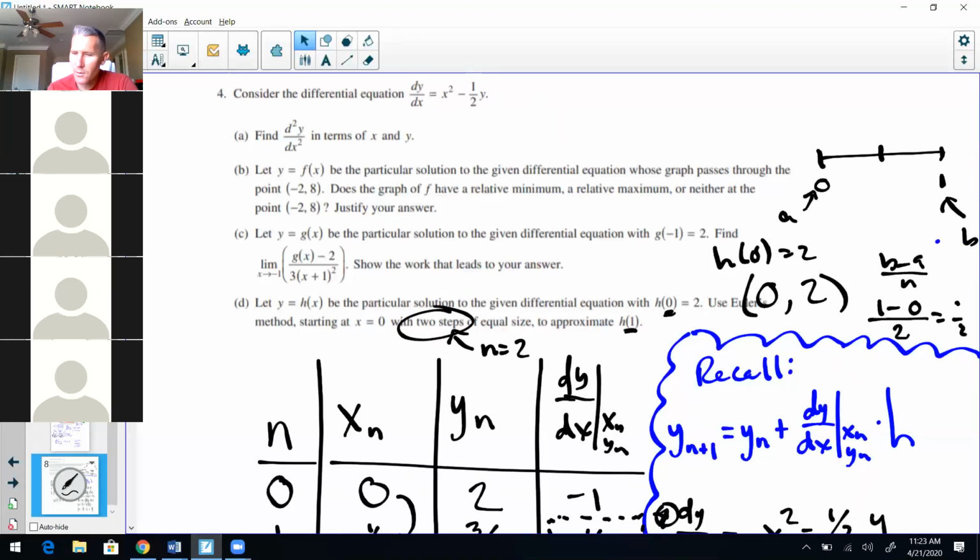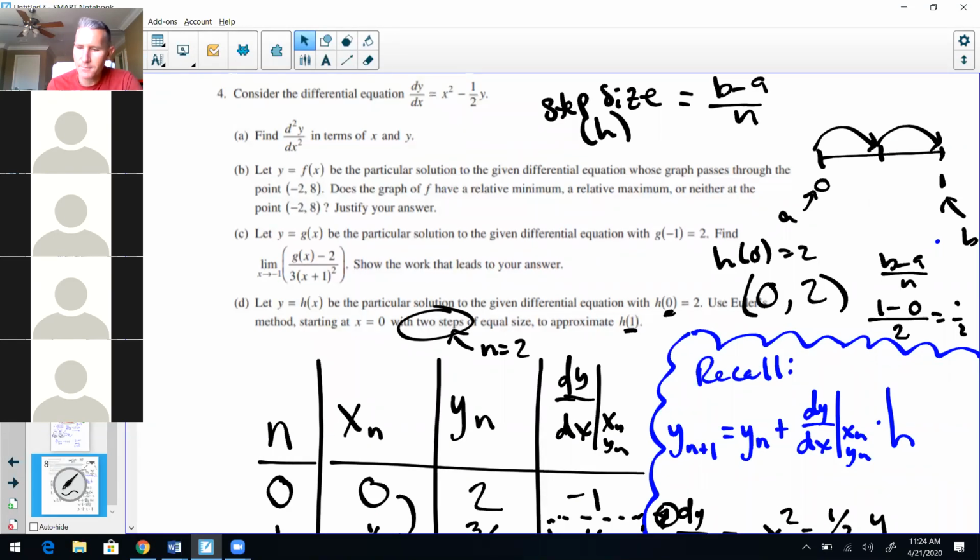So 1 step, 2 steps. We can see that each step is going to be 1/2. For more complicated problems, we would just say that step size, which oftentimes we call h, is b minus a over n, which in this case is 1 minus 0 over 2, or 1/2. All right?